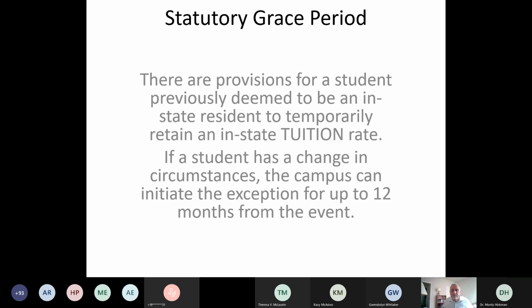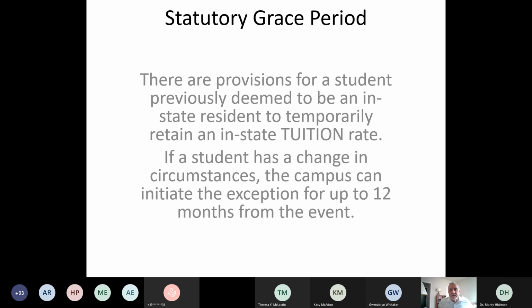Statutory grace period. The law provides, and the most common example is, a student who has been attending, who has been in state, tells you, my family just moved to Virginia, can I keep taking classes online? We don't live here anymore. There is a provision that the student can be put on a statutory grace period and keep that tuition rate for up to 12 months from the event.